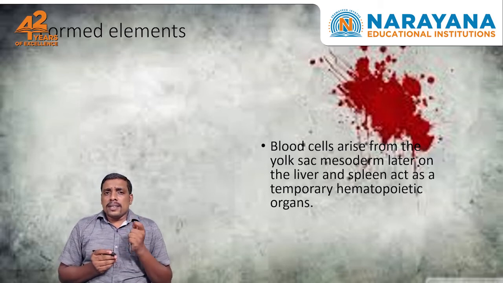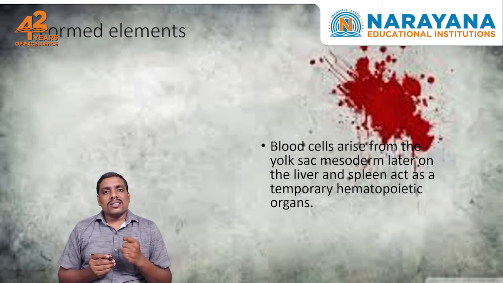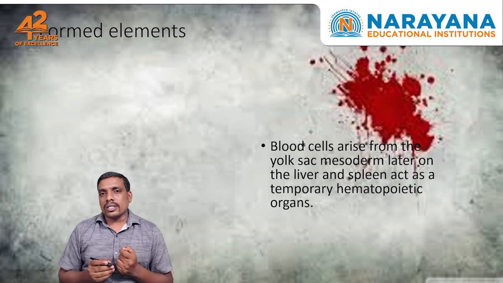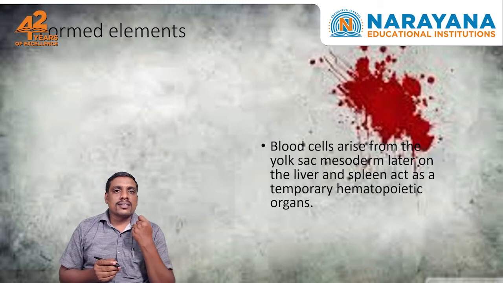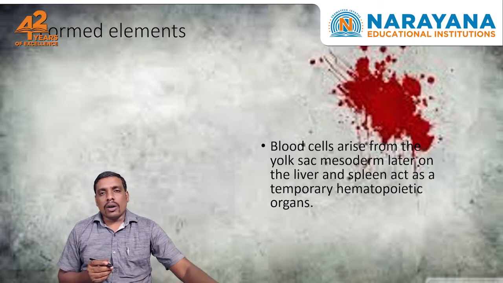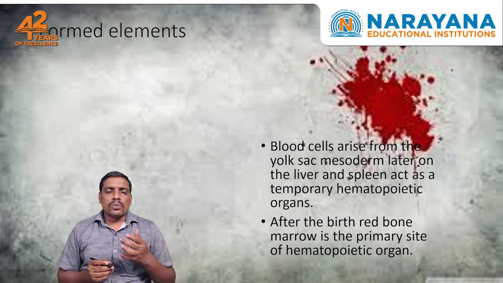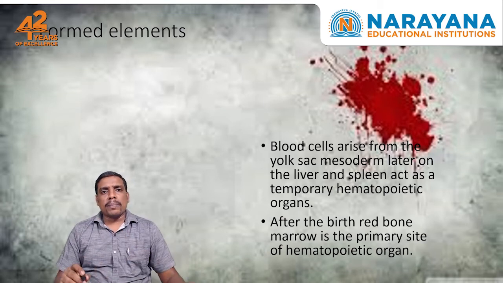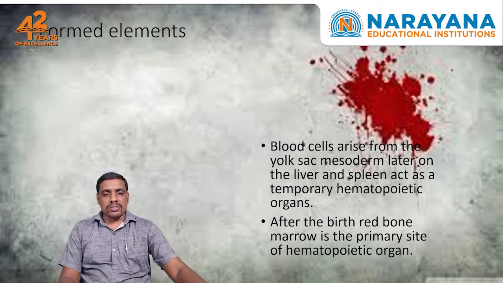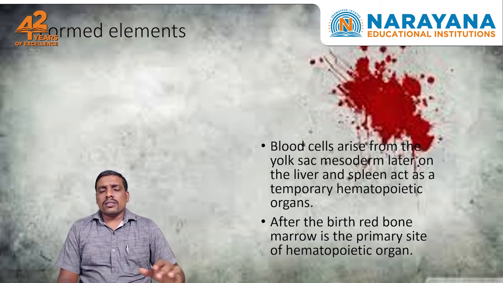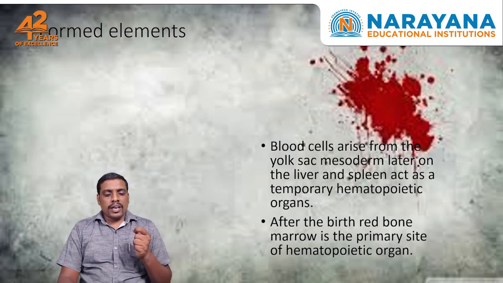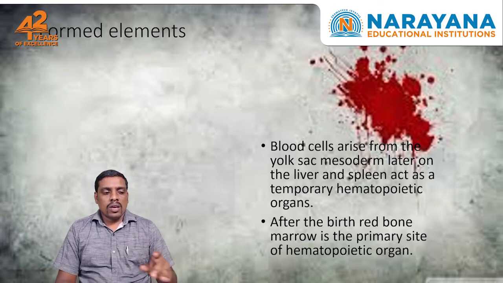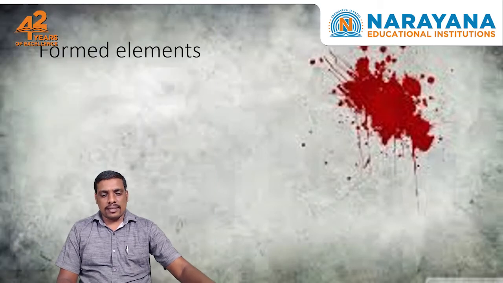Now, the spleen and liver act as temporary hematopoietic organs. What is a hematopoietic tissue or organ? The organ which can form blood cells is considered a hematopoietic tissue or organ. Spleen and liver both act as temporary organs for hematopoiesis. After birth, the red bone marrow present in our body plays an important role in hematopoiesis, which is the formation of blood cells.